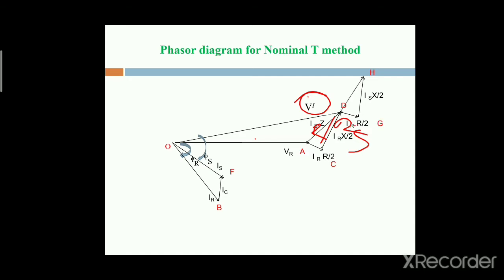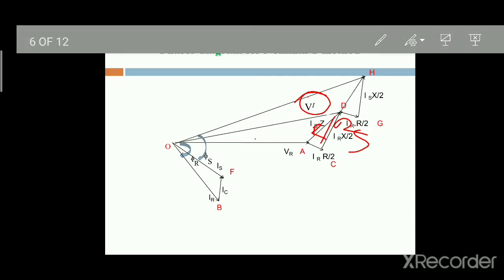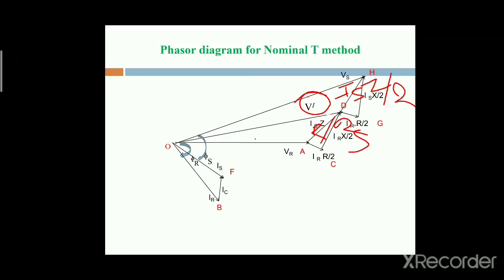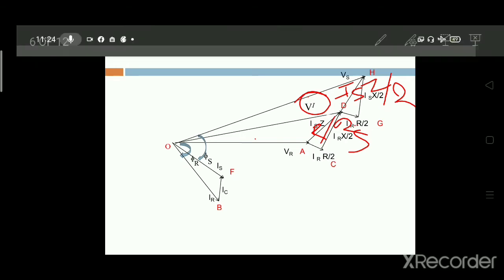By adding these drops, it is called the ISZ by 2. By adding this impedance drop to the V dash, we obtain the sending end voltage.